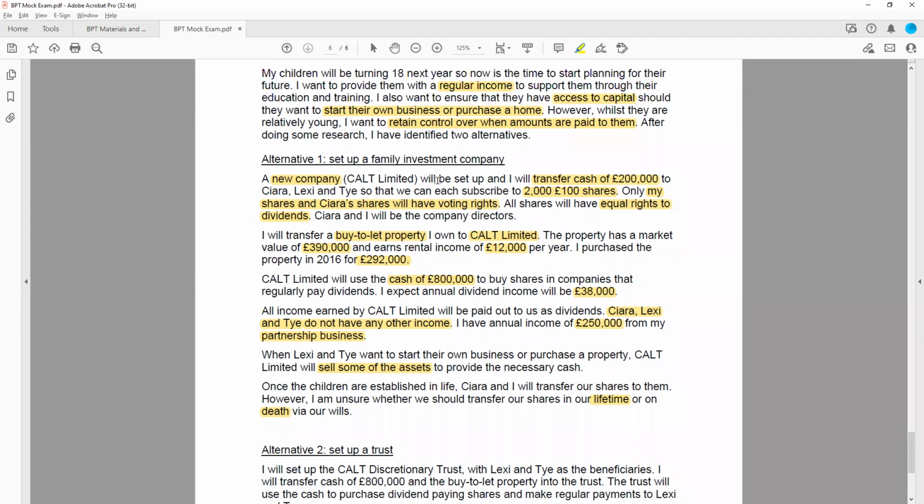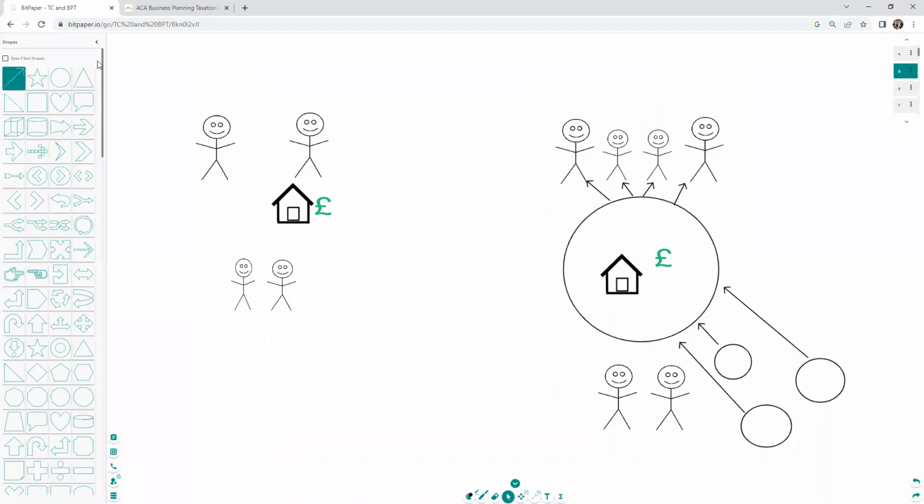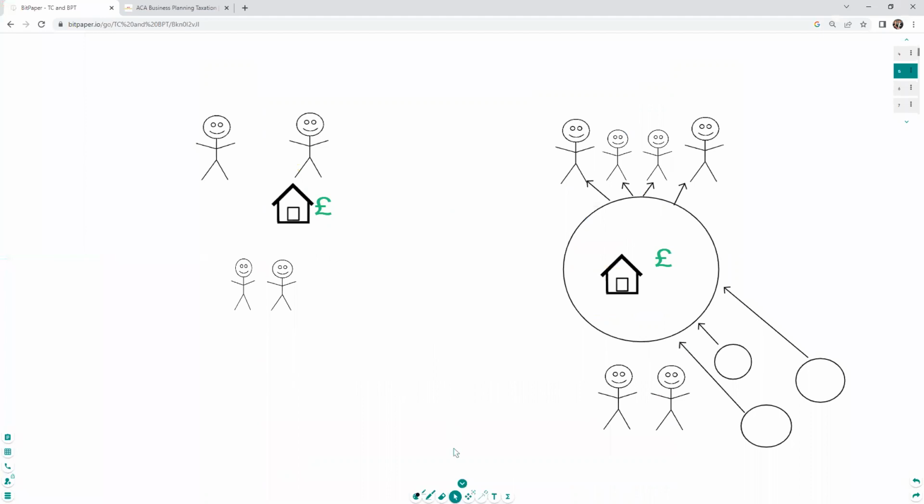So the first thing is they're going to set up a new company, transfer cash of 200,000 firstly to the wife and then to the 2 children. So that's the first thing we need to think about, because we've got this individual transferring cash firstly to the spouse. So that's quite easy to deal with.